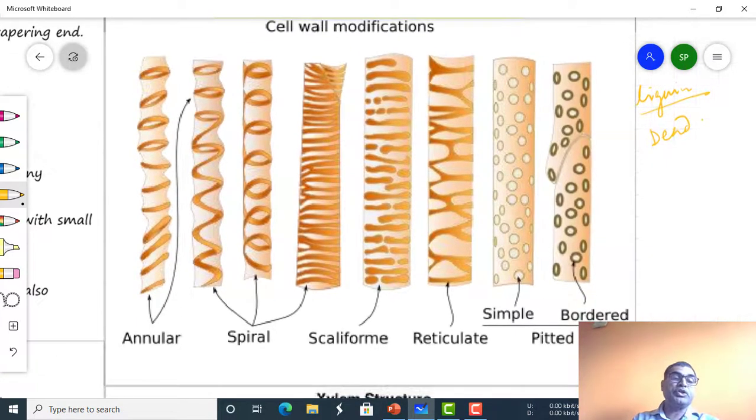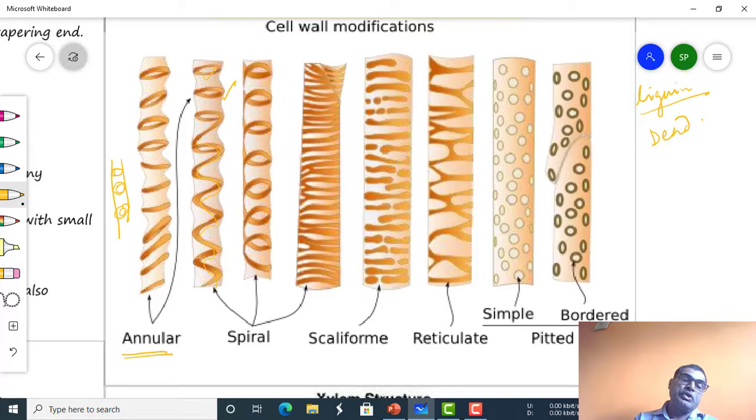If you see, the first one is annular thickening. In annular thickening, such a type of circular thickening is present. In case of spiral, just see, this is annular thickening, this one is annular thickening, and later on it forms a spiral shape.